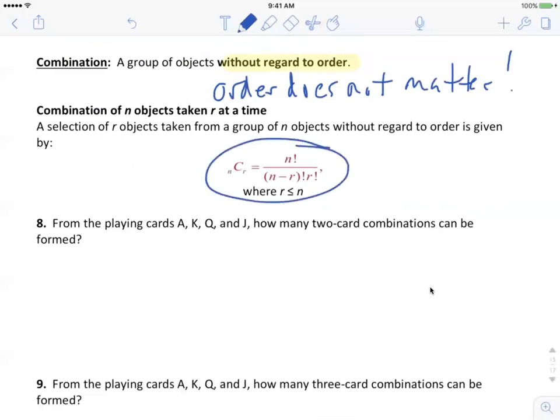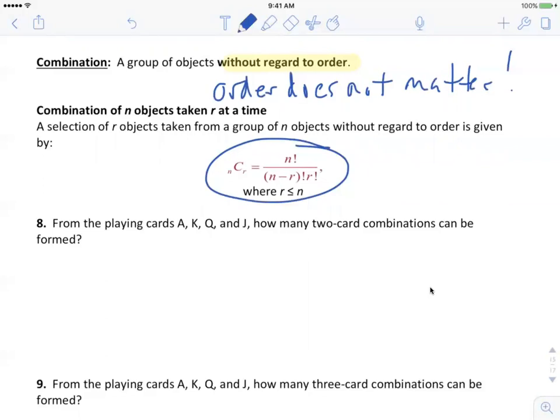There's your formula. We're selecting R objects from a group of N. There's going to be a calculator function for it, like we've seen. You can Google combinations for a TI-84 calculator video, or go to that calculator.net page that I showed you, which had the combinations calculator that you can use.